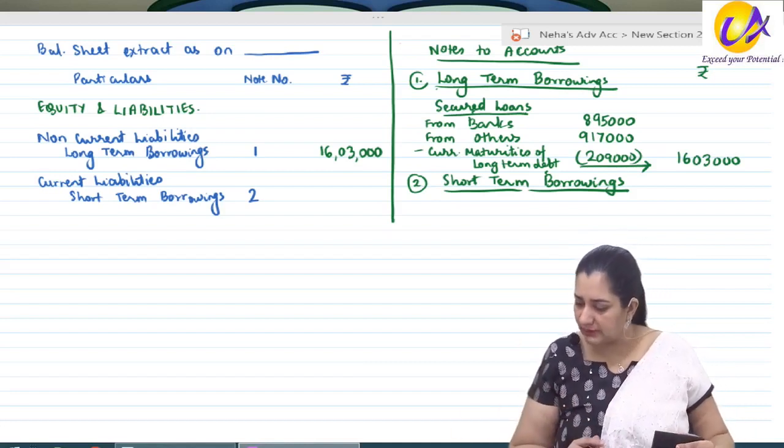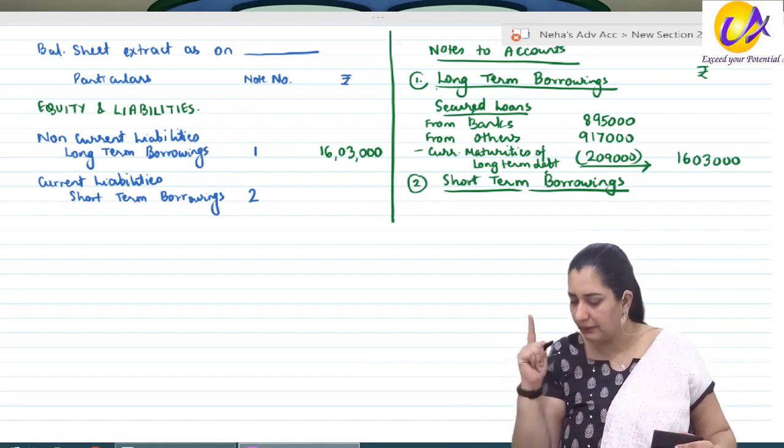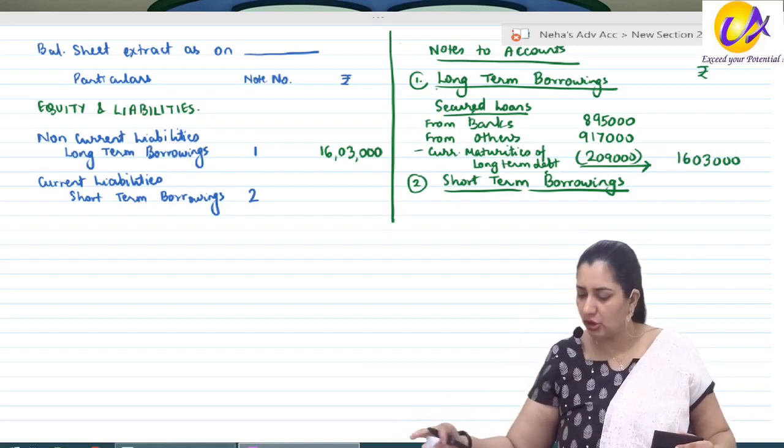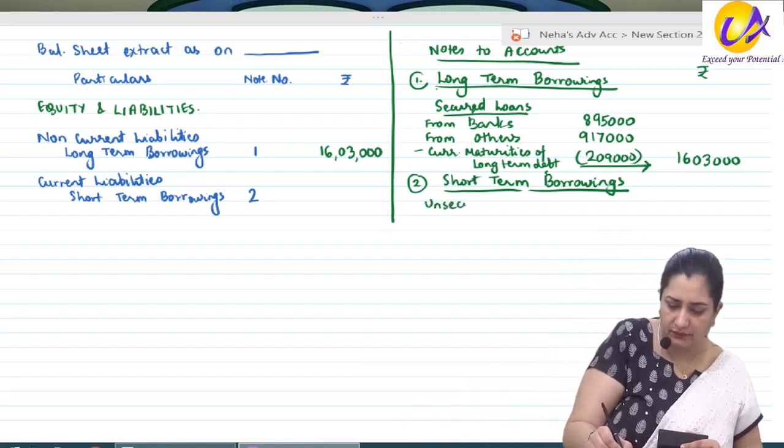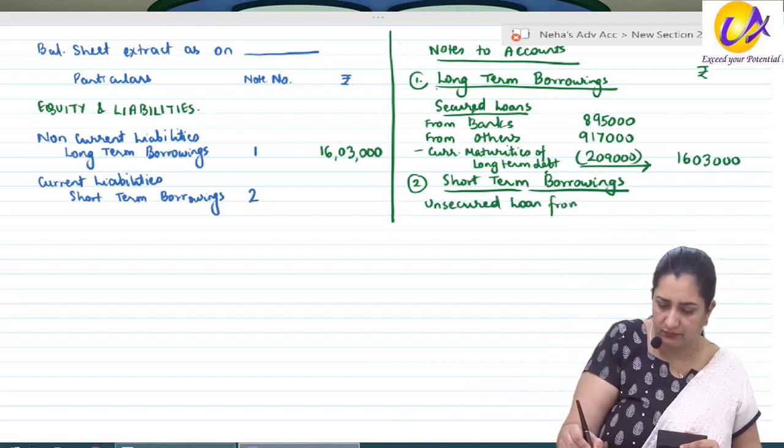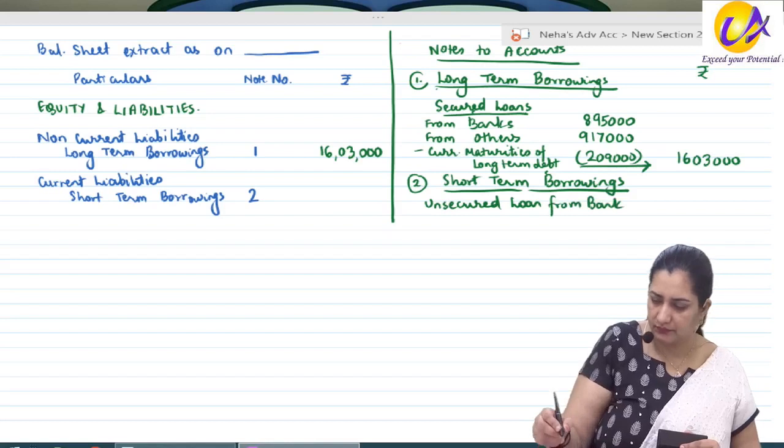Now in short-term borrowings what do I have? Point number B, unsecured loan from bank, right? We have an unsecured loan from bank, 2,25,000 given.